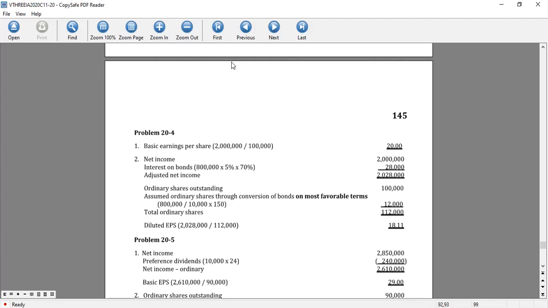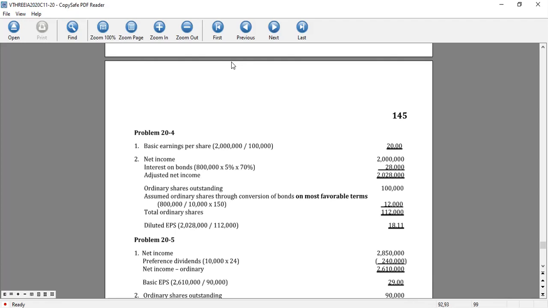So we have 800,000. We divide it by 10,000 because it's for every 10,000 multiply by 150. So we get 12,000.